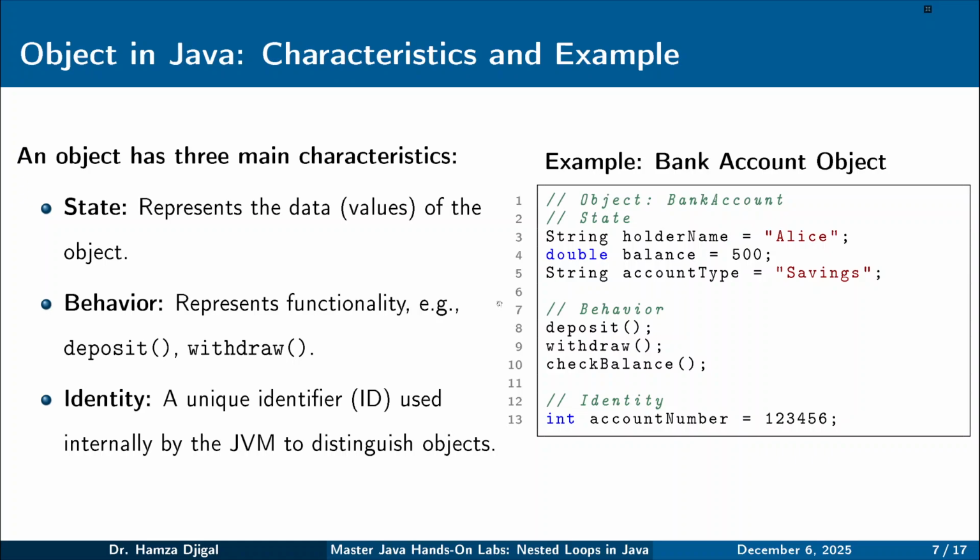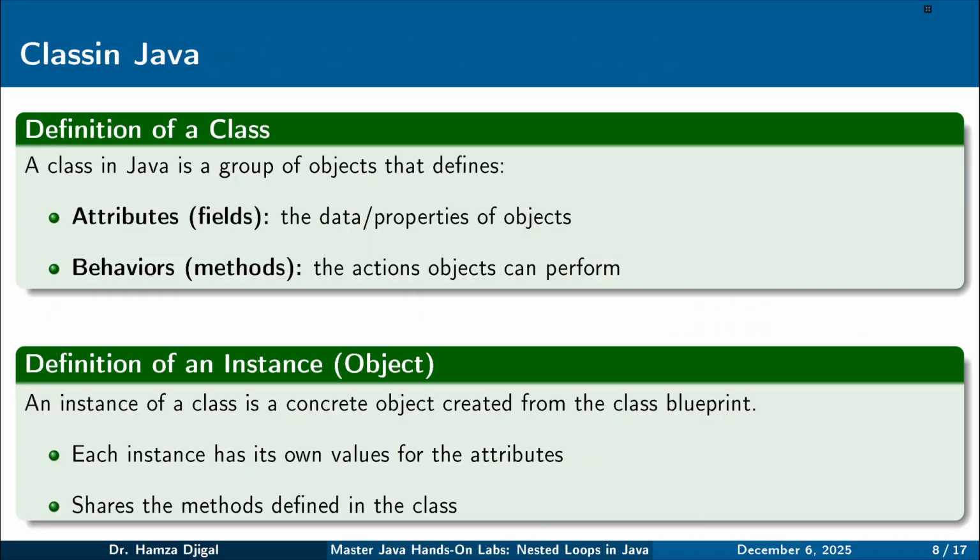And the behavior is what we can do with the bank account: we can deposit, we can withdraw, we can also check our balance. As you can see, this is what we call the behavior, and in Java this behavior will be represented as a method. We'll come back to it. And we have the identifier, which is unique for this one, so that the JVM will recognize this ID.